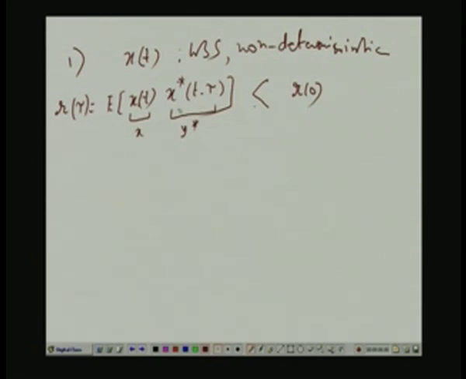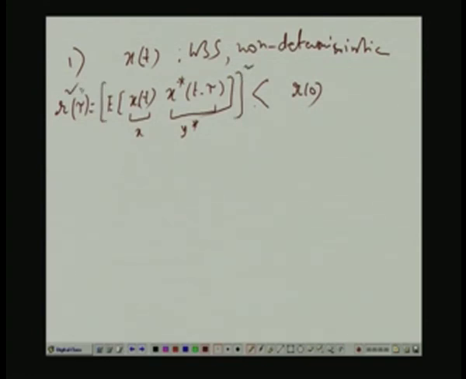And sigma_y square is nothing but E of mod x(t minus tau) whole square. As I told you, because of stationarity, this will also be the same as R(0), because the time index does not matter. Just a minute, the inequality had the square of that.